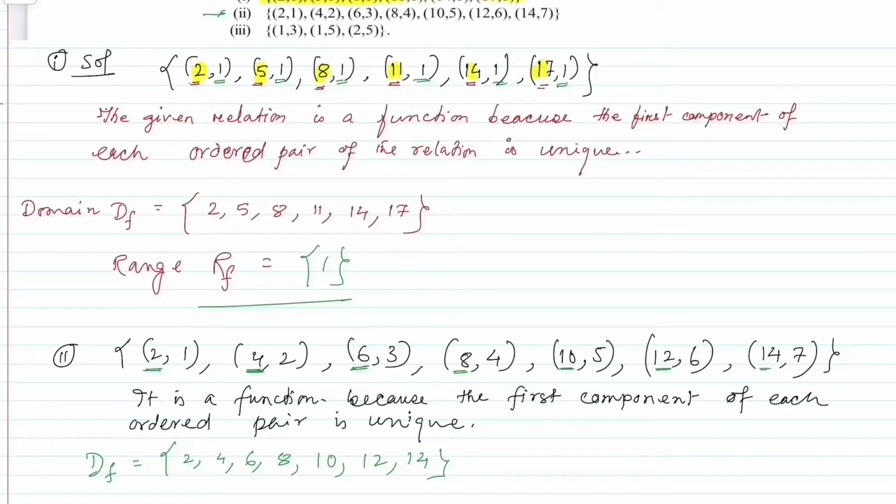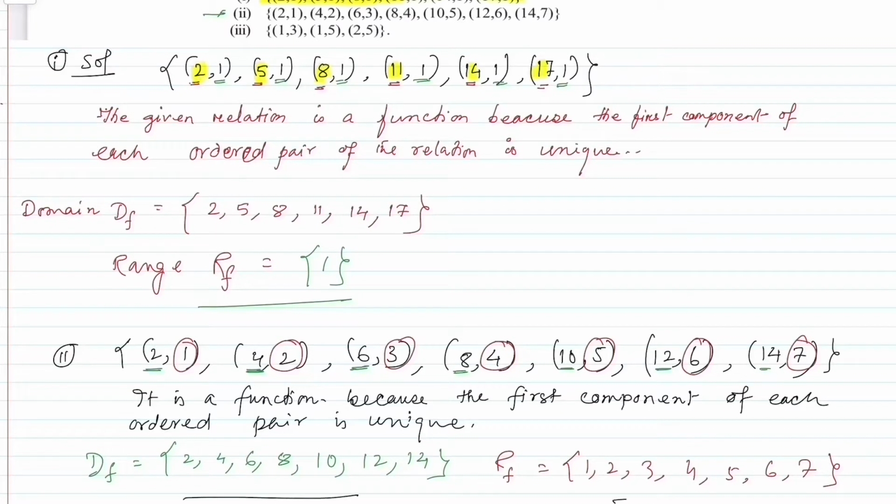And the range of this function will be the set containing 1, 2, 3, 4, 5, 6, 7, the set of the second components. So this is the range. That's how we can find domain and range. Hope you have understood this.